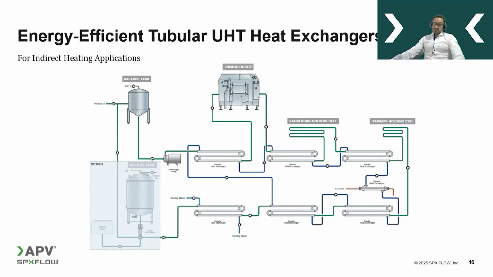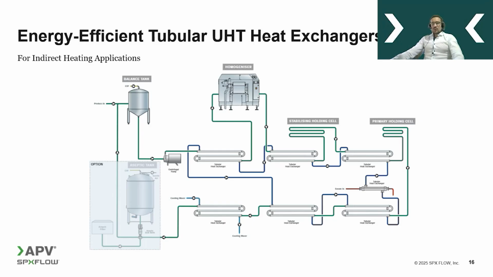After the stabilization holding cell, the product would return to another set of tubulars where it could be heated up to the UHT sterilization temperature. That could be around 145, 147 degrees. That would depend on the application.